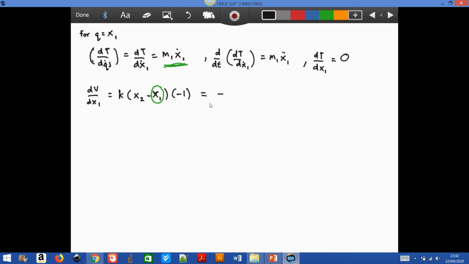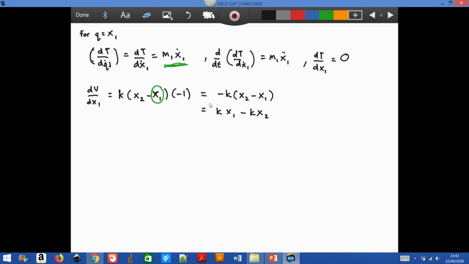So we will get minus k (x2 minus x1), and I normally always inform all of my students to arrange everything, whereby we can also write it as k x1 minus k x2.